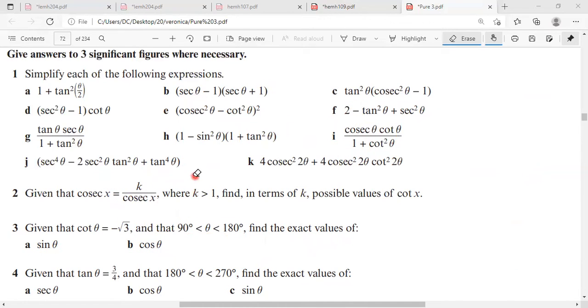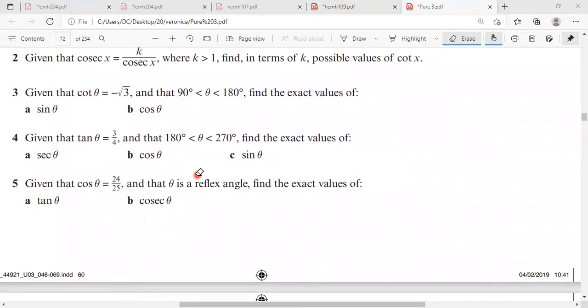The next one is tan theta is 3 by 4, and find the exact value. Theta is in the third quadrant. As we know, in the first quadrant, both sine and cos are positive. In the unit circle, the first value represents cos theta, the second value represents sine theta.